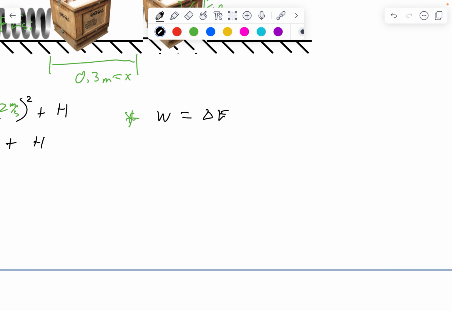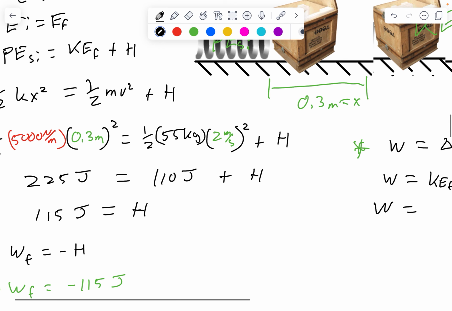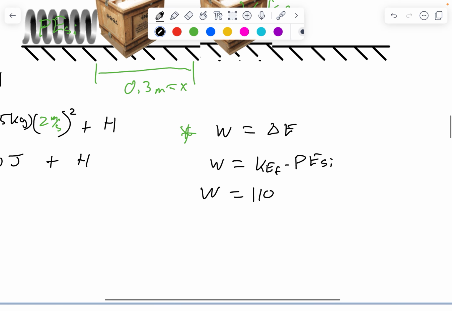The spring energy is the initial energy, so it starts with this PE spring, and it winds up having some kinetic energy. Final minus initial. That kinetic energy we calculated from half times 55 times 2 squared, so that's the 110 joules.